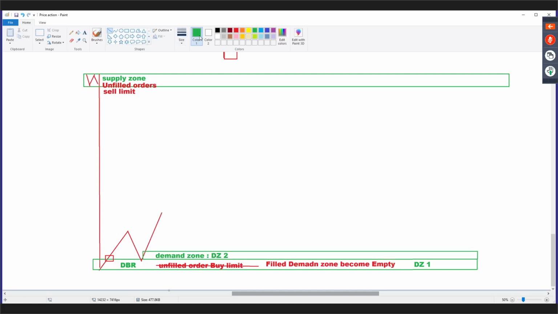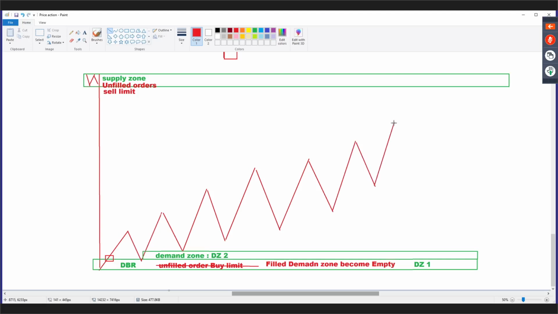So let's suppose that we have a price action like this. Price going up, going down, and then going up again, going down again, up again, down again, up again, down again.